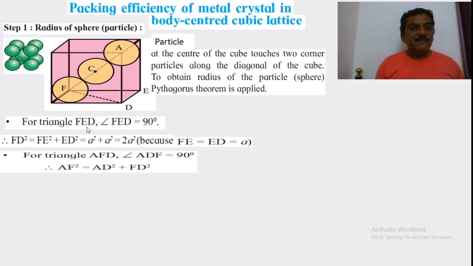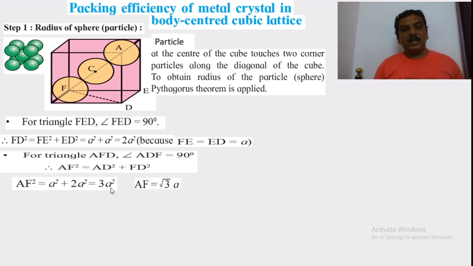Now we have to consider the triangle AFD, and AF square will be equal to AD square plus FD square. AD is equal to a, and FD square we have already calculated as 2a square, and AD square is a square. We will find AF square is equal to a square plus 2a square, which is equal to 3a square.